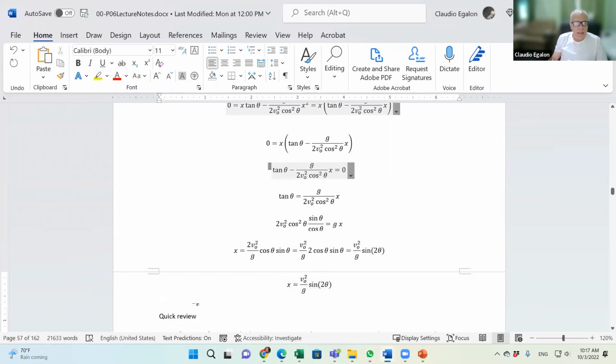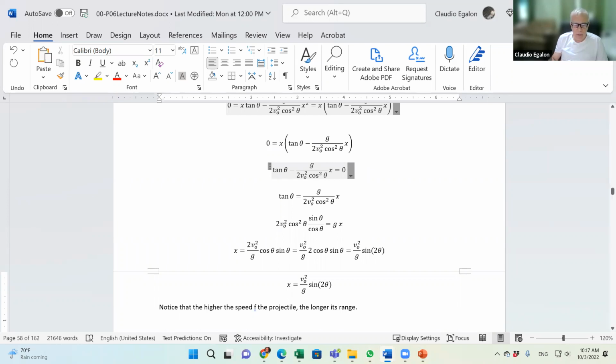Okay, note that the higher the speed of the projectile, the longer its range.